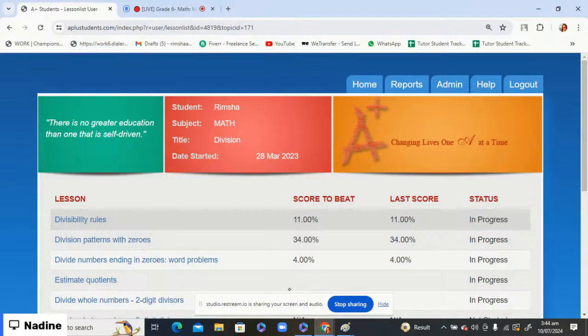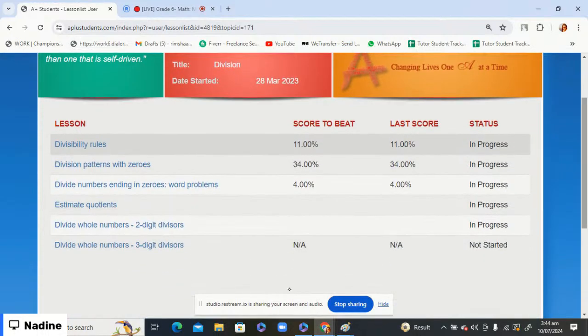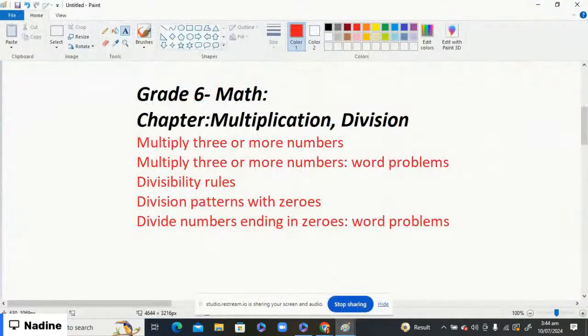So I hope you guys understand this lesson as well. Today we discussed grade 6 maths. The chapter we discussed today is multiplication and division. From multiplication, it was multiplying three or more numbers and multiplication word problems.